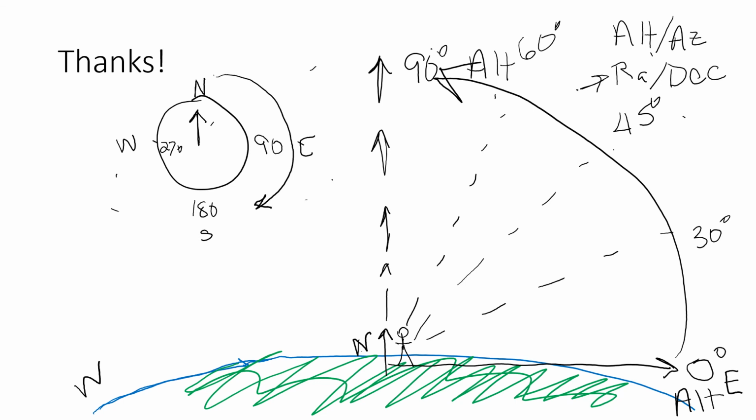I start north, get my compass out, turn to a specific location, and I'm pointed that way, and then I look up in the sky. You could look up at 45 degrees and then spin around, but it's easier to reference off the horizon line. So that's how you find something. This is your azimuth. You find your azimuth first, and then you find your altitude.